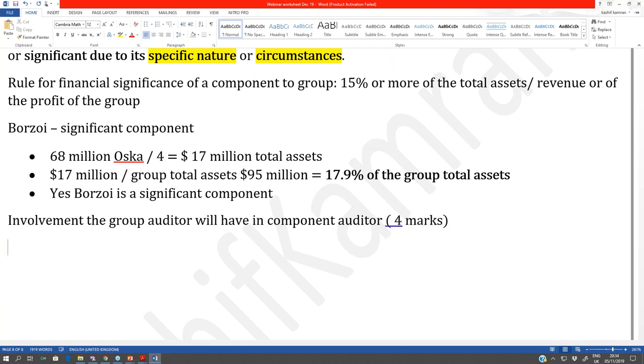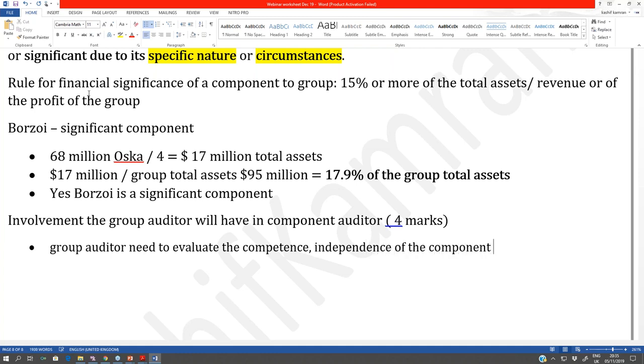So 2 involvements. The first involvement the group auditor has in the component auditor is that the group auditor needs to evaluate the competence and independence of the component auditor before placing any reliance on the work of Saluki.